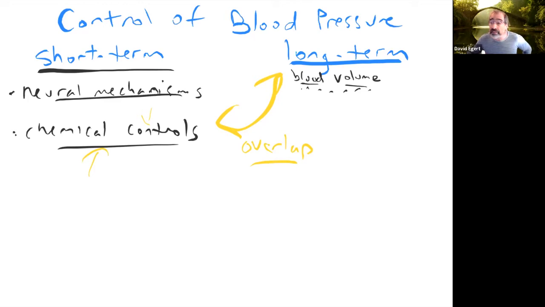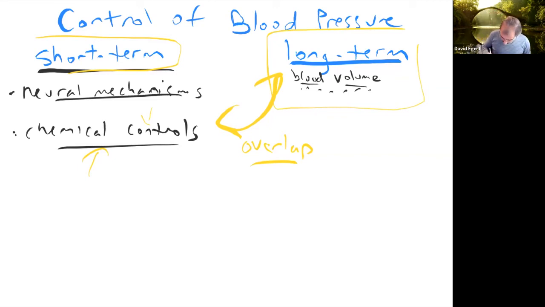The renin-angiotensin mechanism is going to accomplish both short-term and long-term blood pressure control. But again, short-term is when you have things happening in the moment, like speeding up or slowing down the heart, or vasoconstriction or vasodilation that adjust the blood pressure in the moment through those relationships we were talking about. Long-term is going to be more about adjusting your blood volume, which is more your resting blood pressure.